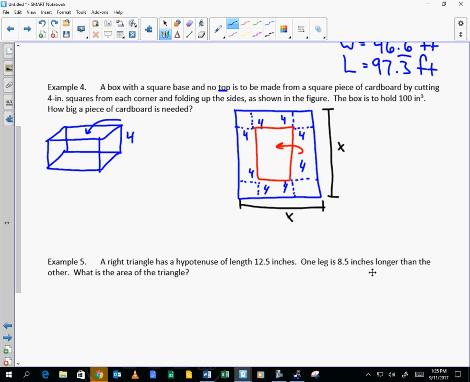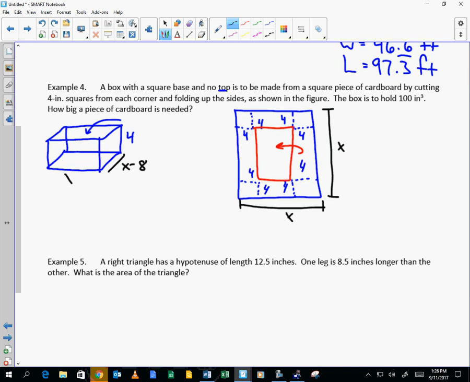So this dimension right here, is that going to be less than x, the same as x, or greater than x? I ripped something off. Like it started as x, but then I ripped 4 off there and 4 off there, so it's x minus 8.